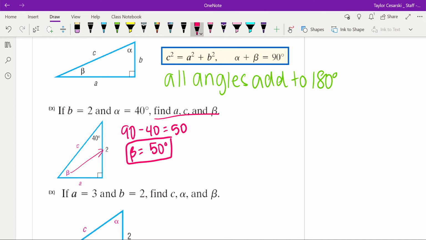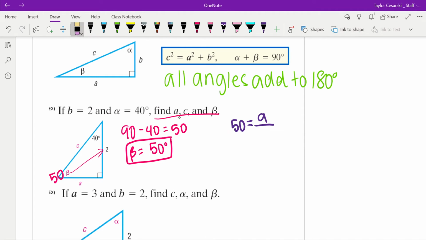Alright, so the next thing I can do is, I can do this a couple different ways. I'm going to go ahead and label this down here, as I'm going to have to use some of my trig that I know. So maybe I'll use this 50 degrees. Cosine of 50 degrees equals adjacent, which is A, over, actually I don't want to do cosine.